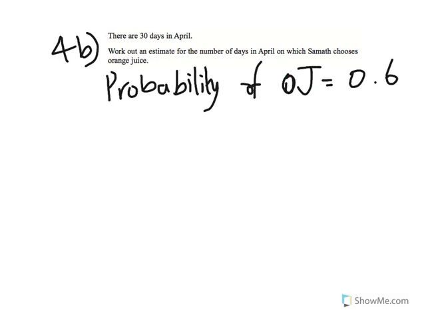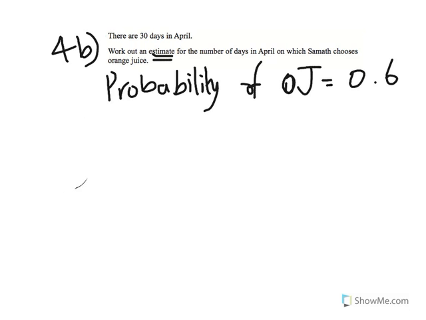Okay, question 4b says there's 30 days in April, and work out an estimate. Estimate is the key word, for the number of days in April in which Samath chooses orange juice. So first of all, we have to decide the probability of him picking orange juice, and that's 0.6. If we put that in fraction terms, 6 out of 10, meaning out of 10 days, 6 days he'll pick orange juice, right?